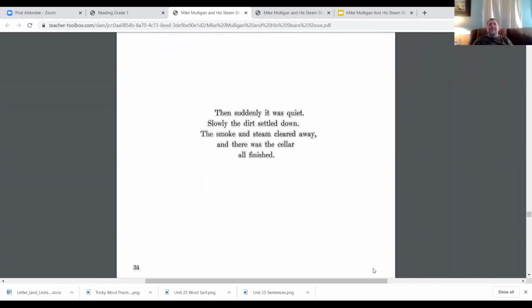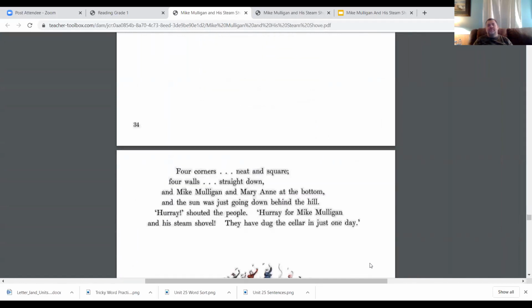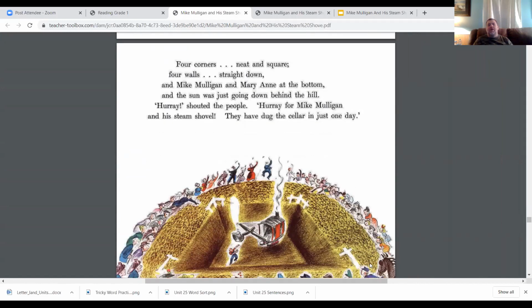The smoke and steam cleared away, and there was the cellar all finished. Four corners neat and square, four walls straight down, and Mike Mulligan and Mary Ann at the bottom, and the sun was just going down the hill.